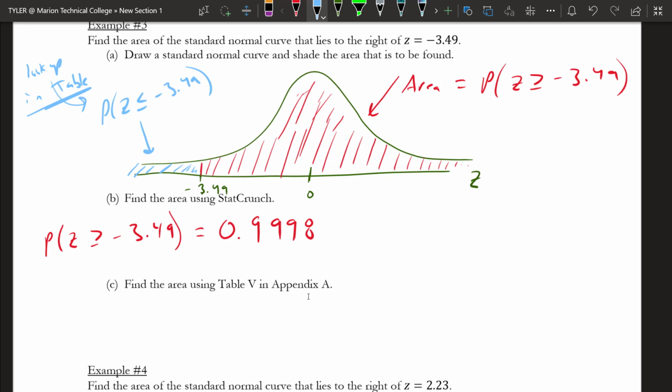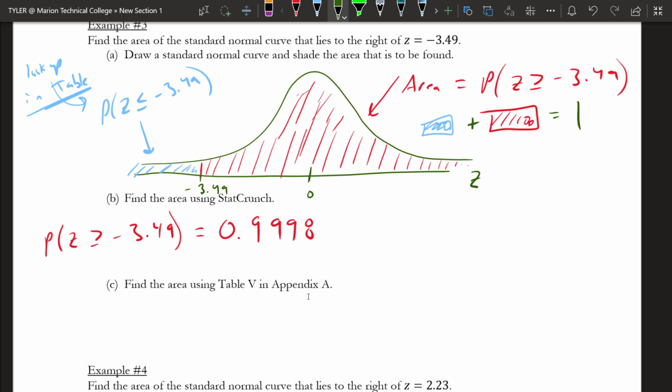But then if we think about it, the blue area plus the red area are going to be equal to 1.